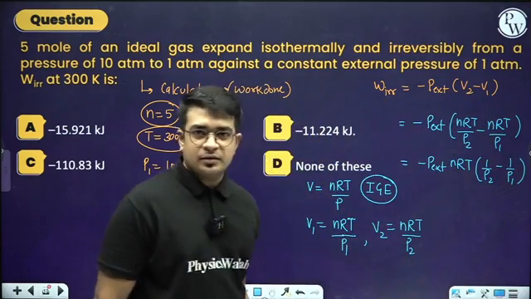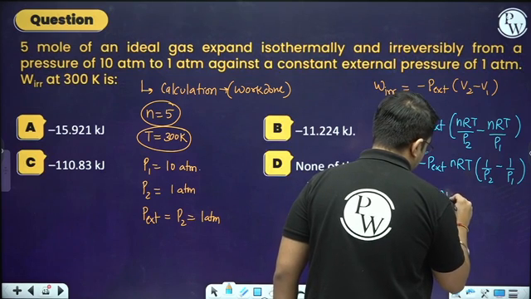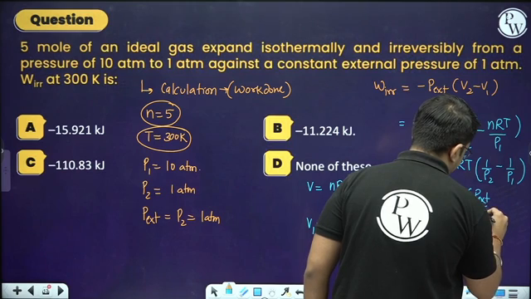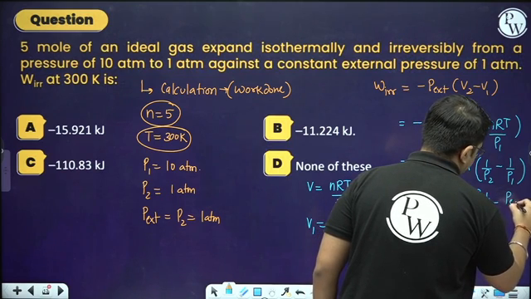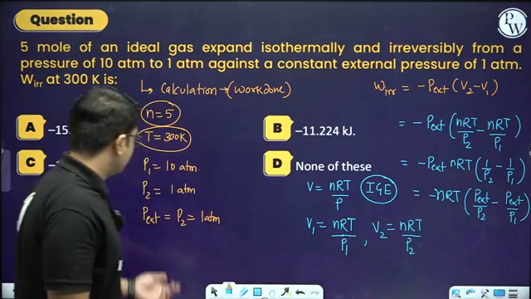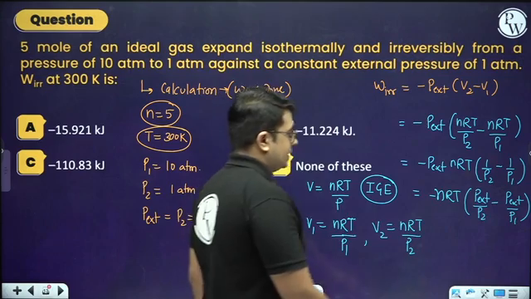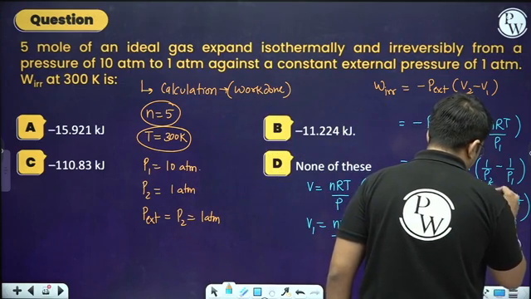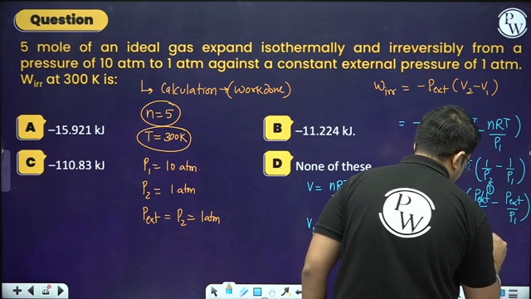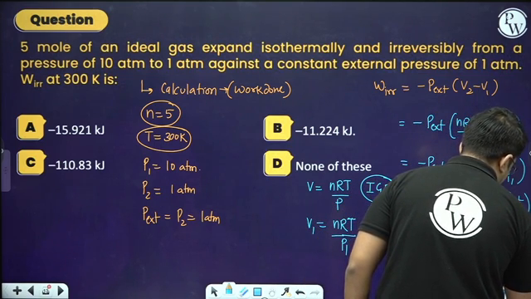If I am again using the entire calculation, I can say that will be minus of nRT, then we have P external upon P2 minus P external upon P1. Now you know that P external and P2 are exactly same. If they are same, then this entire part will be equal to 1. So the final equation becomes like this, which is minus of nRT (1 minus P external upon P1).